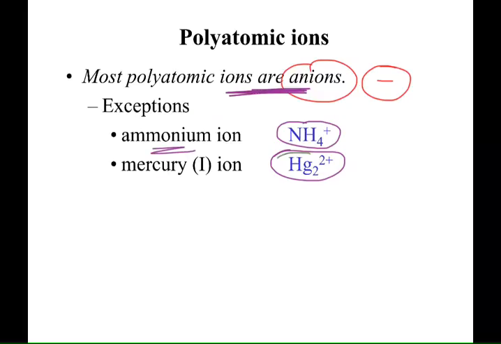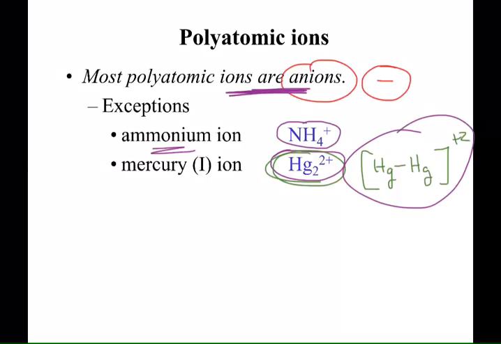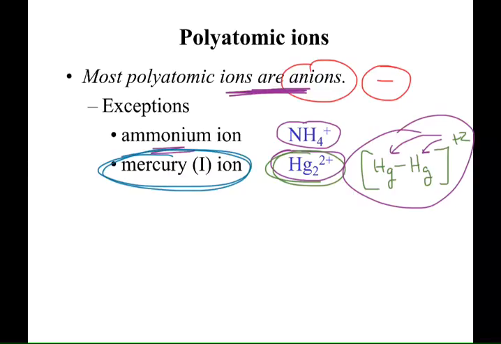Now this is kind of an annoying form of mercury, in which you have two mercury atoms stuck together by sharing electrons, a covalent bond, and they are running around with a +2 charge. You can't split them up. They're stuck together. It's a unit. Basically we call that the mercury(I) cation. That's the name of that polyatomic ion.